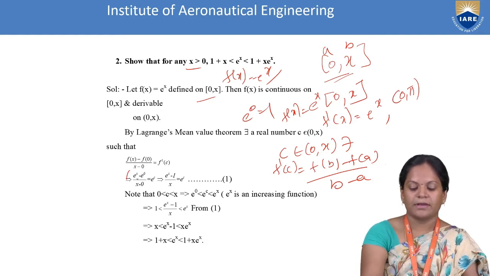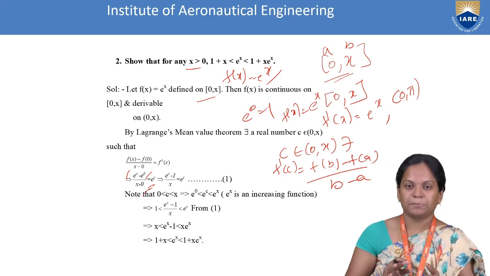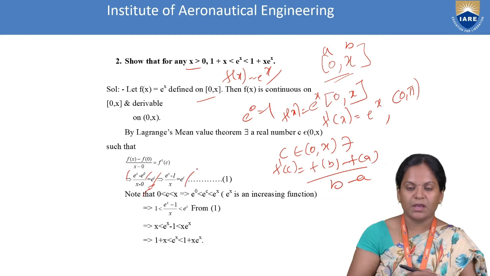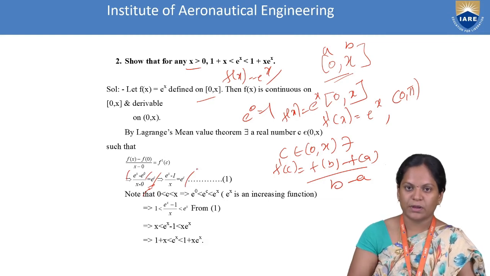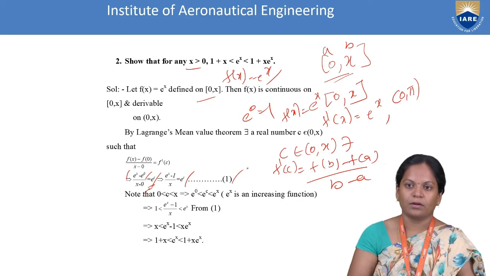So e power x minus e power 0 by x minus 0, that is the formula b minus a. On the left side we have f dash of x, the derivative of e power x, again e power x. So here we have f dash of c; replace x with c, nothing but e power c. So e power c equals e power x minus 1 by x. This is equation 1.